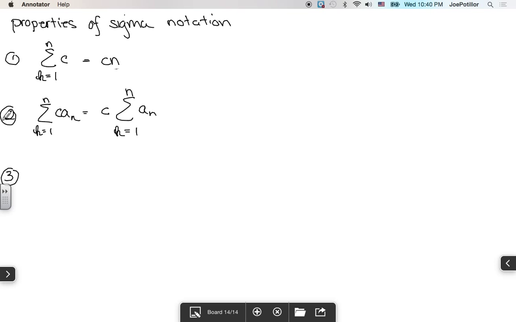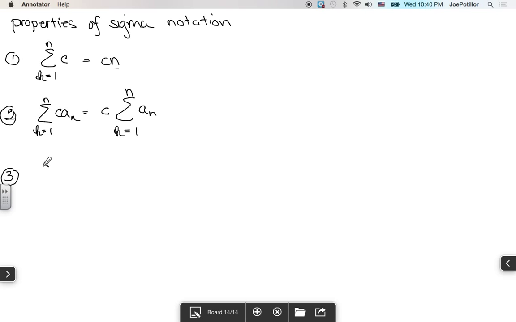The third property is the sum or difference. I'm going to combine properties 3 and 4, which are in the book. The sum or difference of a series. Sequences can be added or subtracted together. Okay.